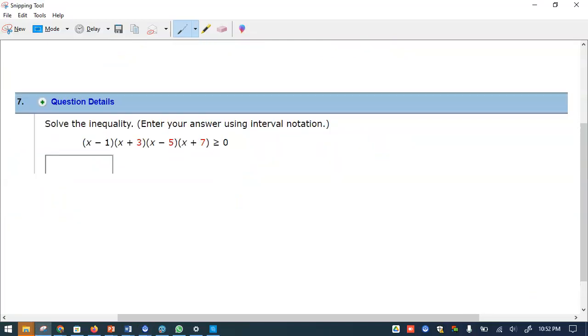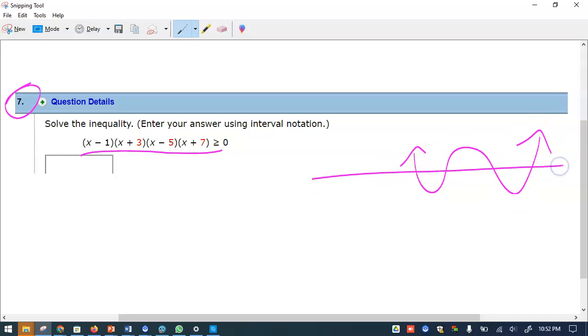Question number 7, you have a quartic. Again, either it has to be something like this. The maximum number of times we can cross the x-axis is 1, 2, 3, 4. By just looking at it, you know when it's going to be equal to 0 first. That's the first step. I'm going to use the positive ones first.